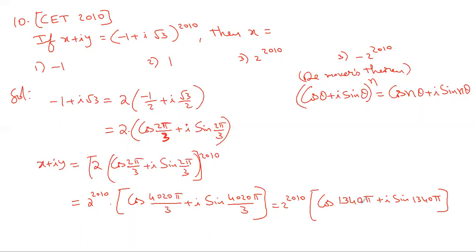So any even multiple of pi can be replaced with 0. So this is cos 0 plus i sine 0. Cos 0 plus i sine 0 is 1. So the 2 power 2010.